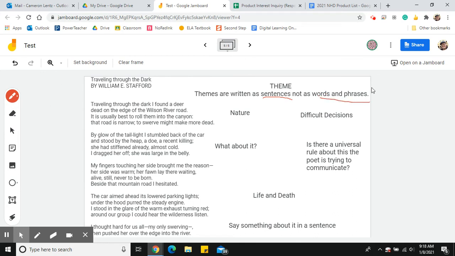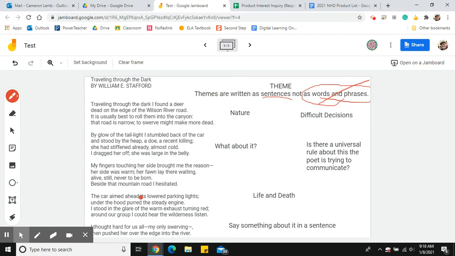Okay, they are not words and phrases. So we can cross that out. Okay, so we're going to write them as sentences. Words and phrases, remember, guys, are motifs, and authors and poets use those motifs to help develop the theme.